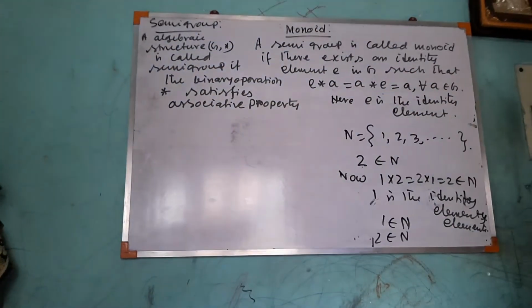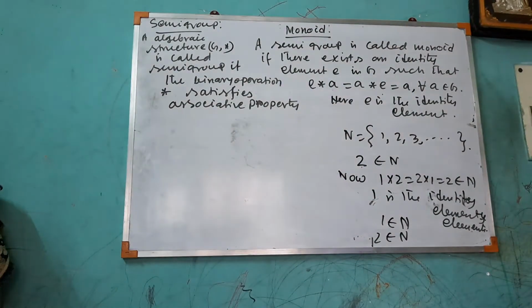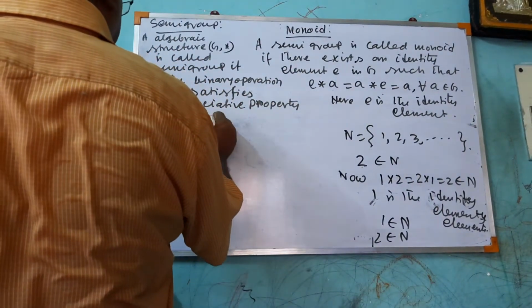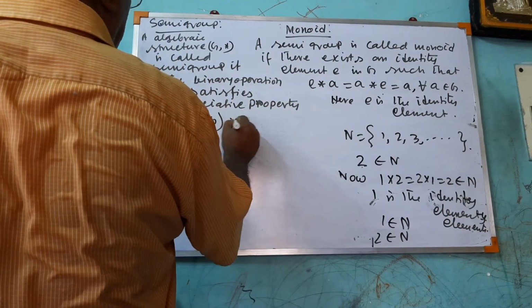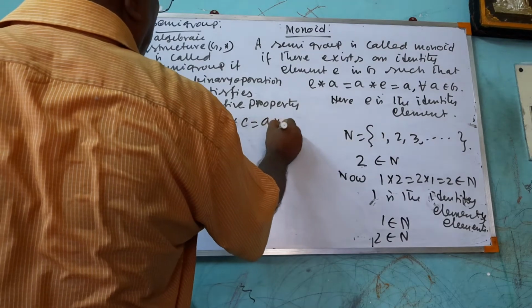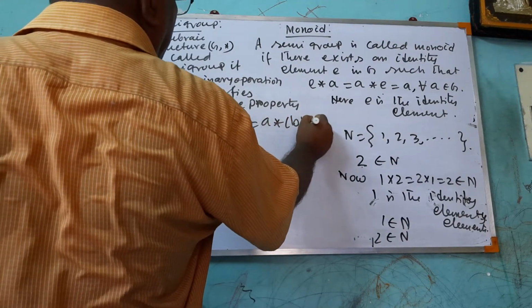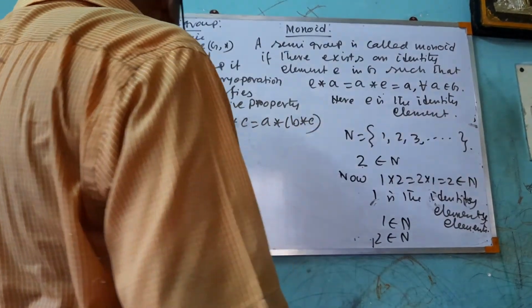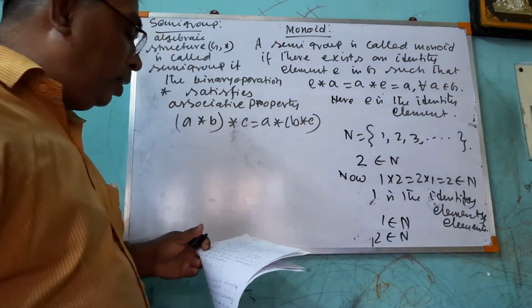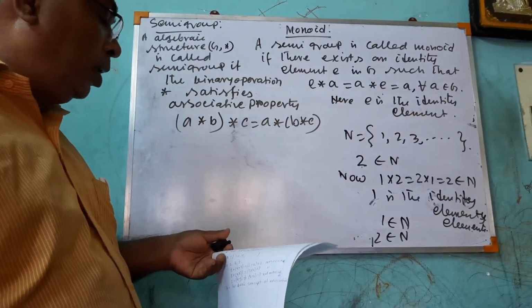If a binary operation satisfies the associative property, then it is a semi-group. That is, A composition B composition C equals A composition B composition C, with the grouping changed. This is called the associative property.